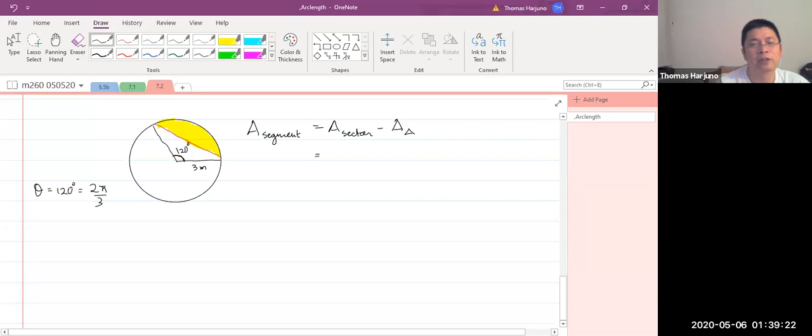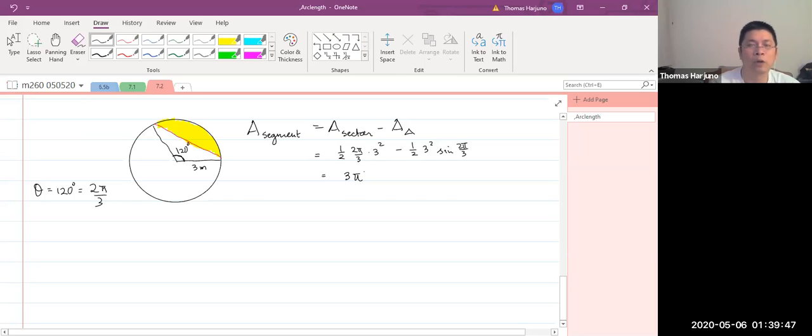So the area of the segment will be 1/2 theta r squared minus 1/2 r squared sine theta. This is 3 pi.